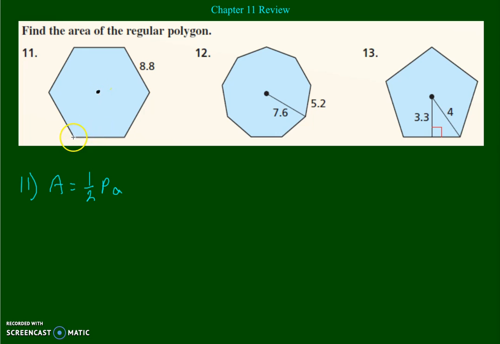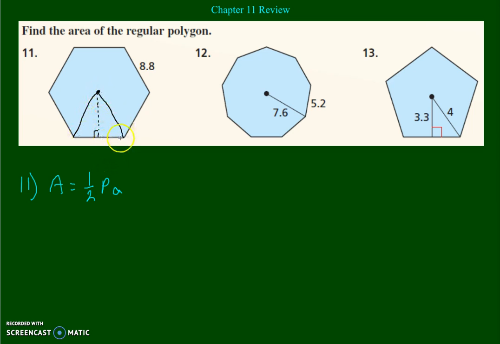And it's always good to sketch a triangle. You only need one that has its base as one of the sides of the polygon. You don't have to draw on all of them. The apothem is that segment from the center perpendicular to one of the sides.